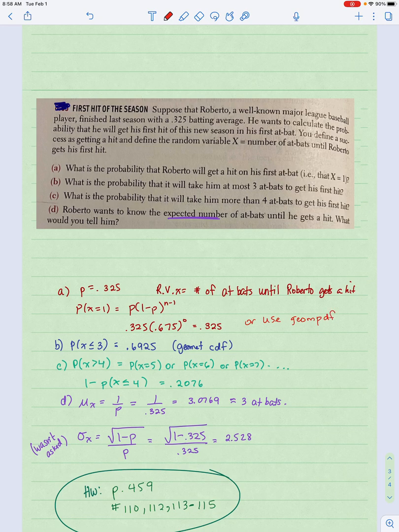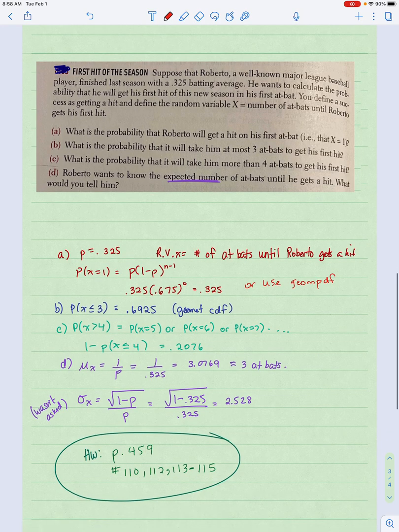But, if you have to show the formula, it's 0.325 times 0.675 to the 0, which is 0.325. Which makes sense. If that's his average, then him getting it on the first at bat has that same chance, 0.325.